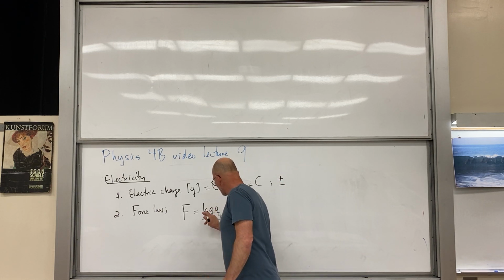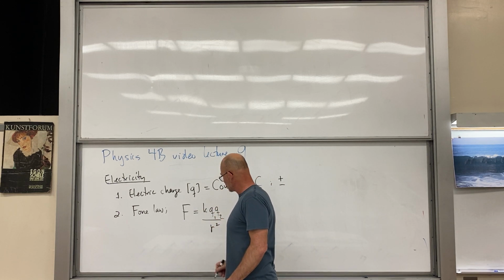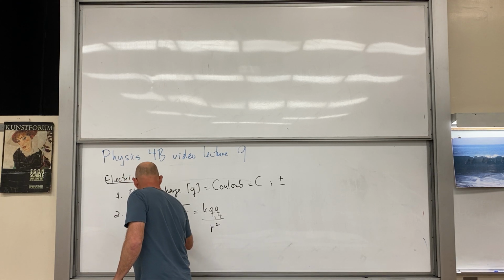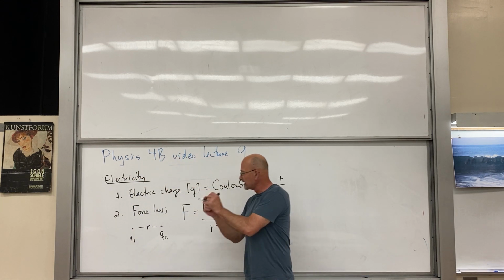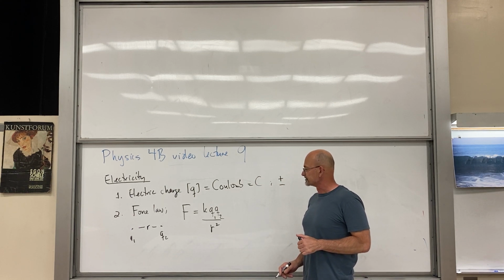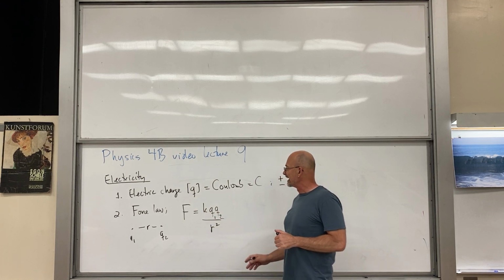So it's proportional to the product of the two charges divided by the separation distance squared. It is a central force law. If they're both positive, then you have a repulsive force, or if they're both negative as well. You discovered this via static electric experiments.